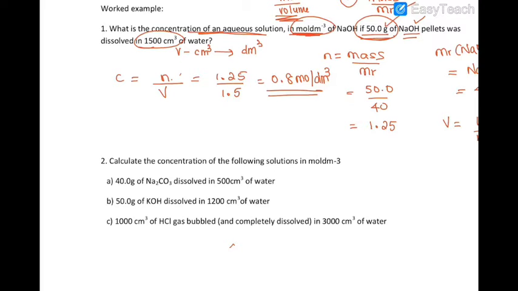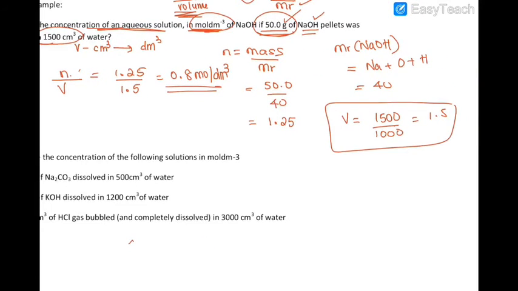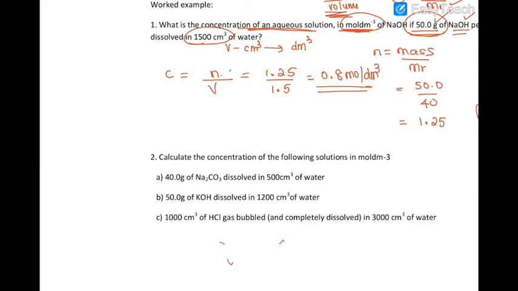Now, some students convert the volume directly over here. So you could also write concentration is 1.25 divided by the volume in centimeter cube divided by 1000.